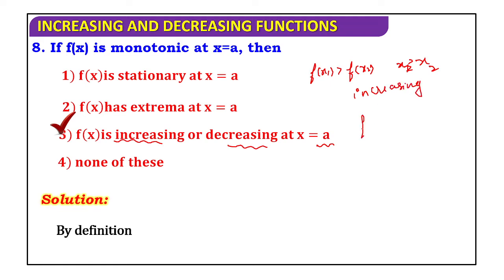And whenever we say f of x1 is lesser than f of x2 and x1 is lesser than x2, we say that it is monotonically decreasing. And whenever at x1 equal to x2, we say it is increasing or decreasing. Okay. That is option number 3 is going to be the correct option for this problem number 8.